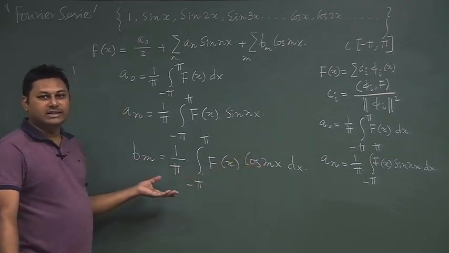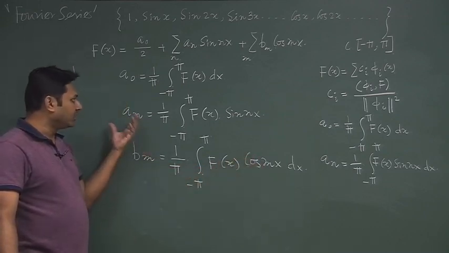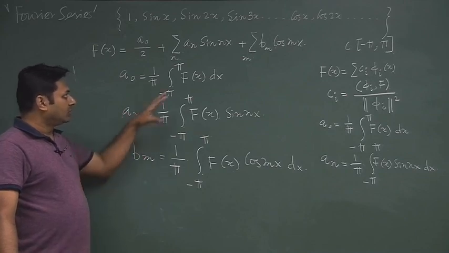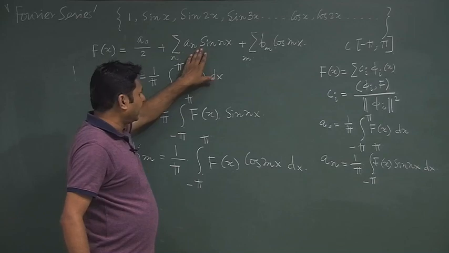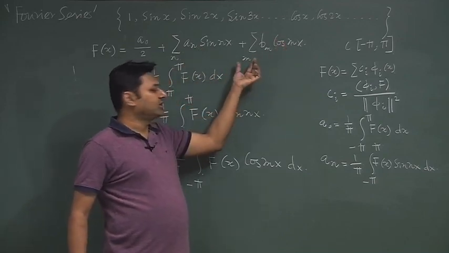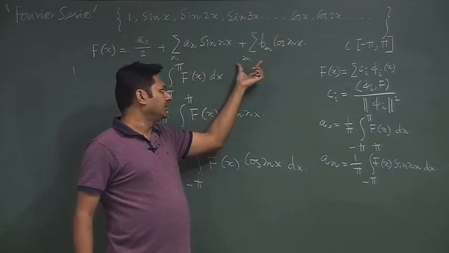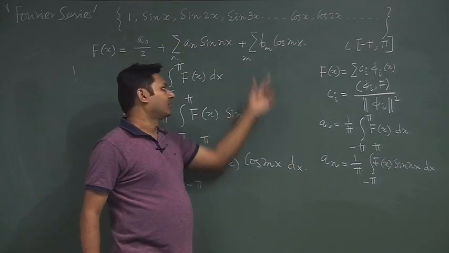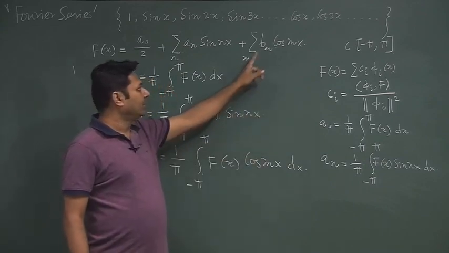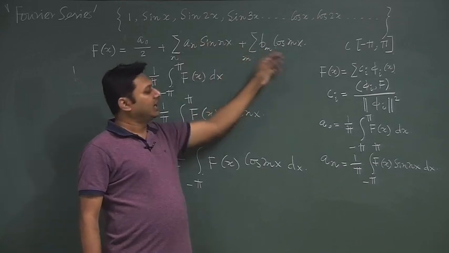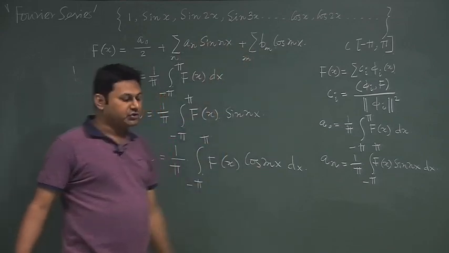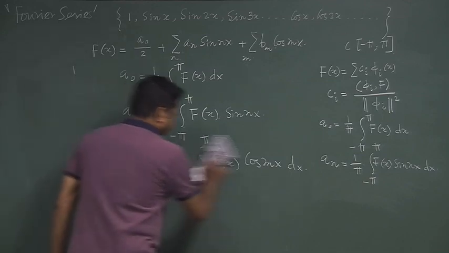It will not change anything. I just put a different integer name to make the difference that this is a sine series and this is a cosine series, but you can also put n here because I have already used b, so it is different from a. You can do the same thing and nothing will change.